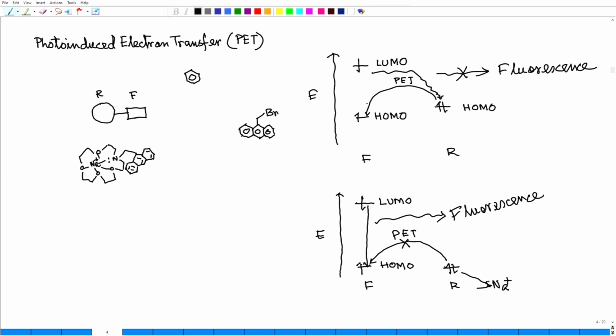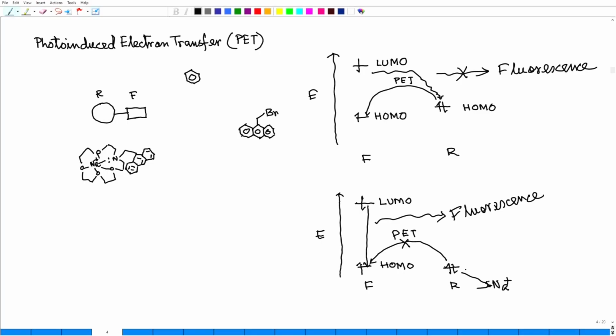But when I have a sodium ion inside this macrocycle, the lone pair, that is the HOMO of the receptor, is engaged to sodium, so it becomes stabilized and engaged to the metal ion. So PET is not possible, and therefore I can see a large fluorescence.